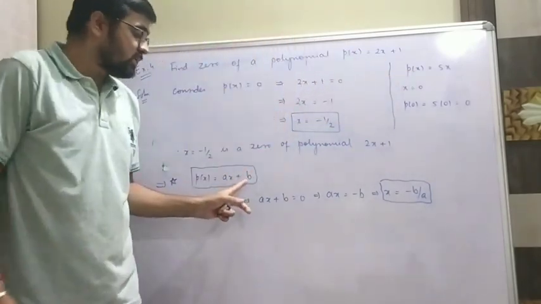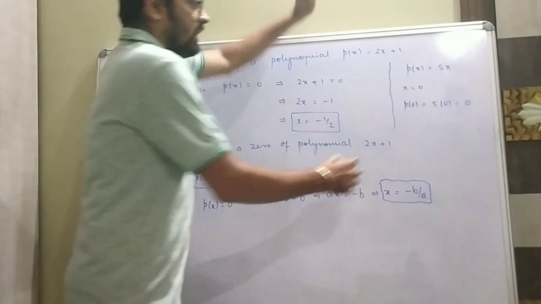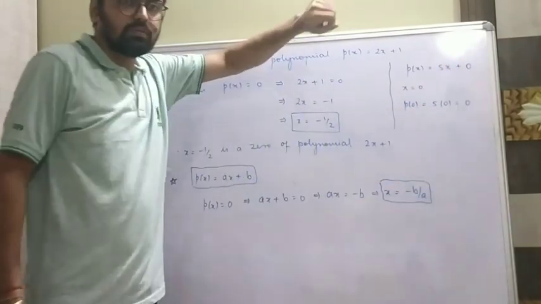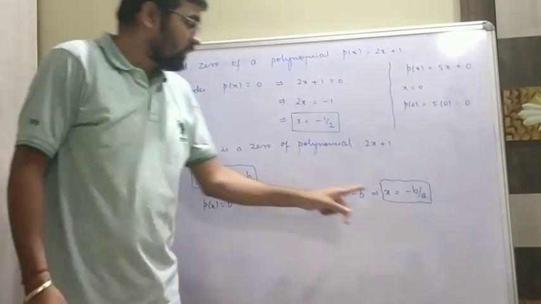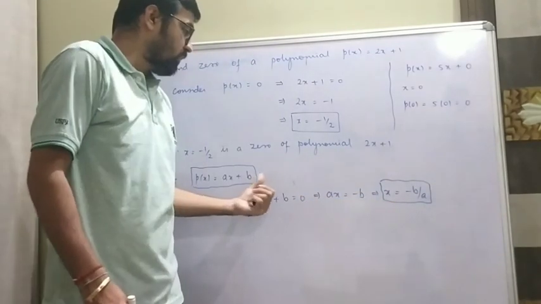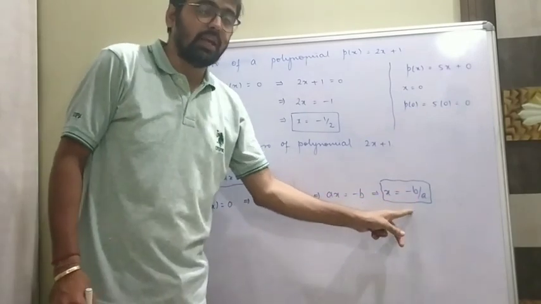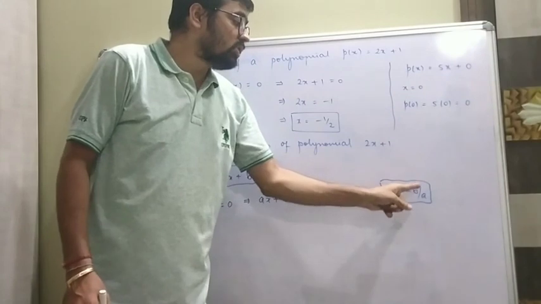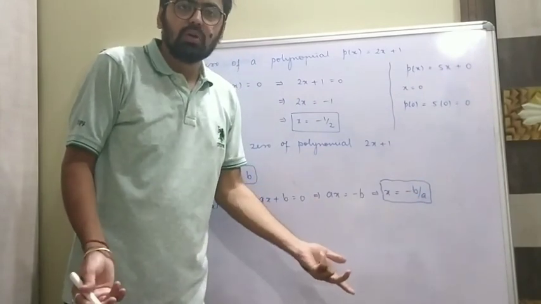So we don't have a constant b over here. So I can write this polynomial as 5x plus 0. Correct. And if you look at this general value of x for this polynomial, that is minus b by a, so b is 0, so 0 by 5, definitely 0. Am I right?